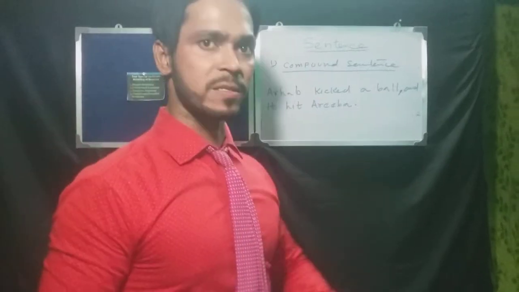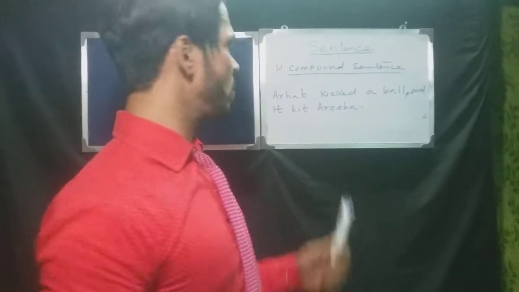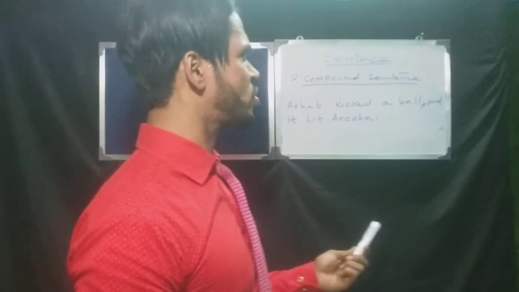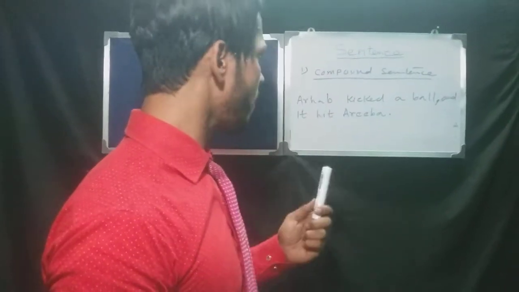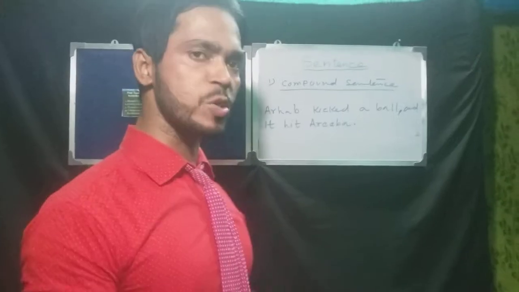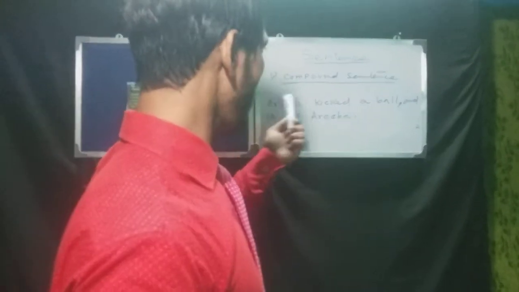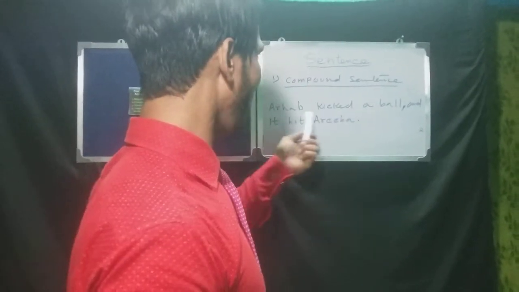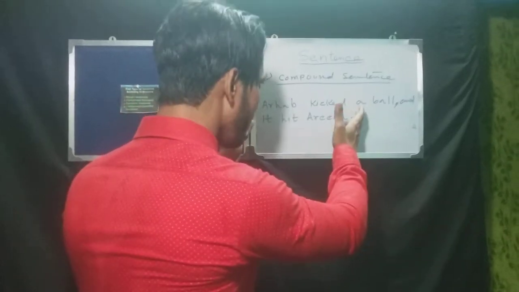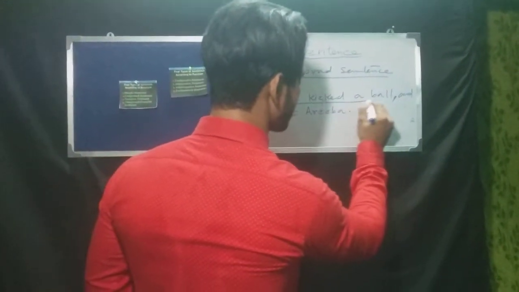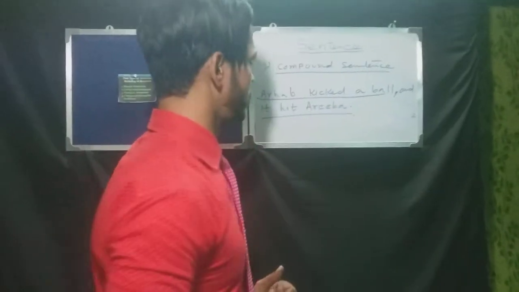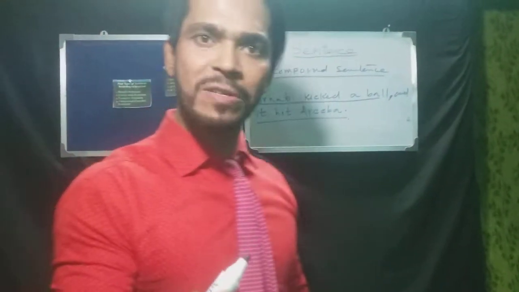This is an example of a compound sentence. Arhab kicked a ball and it hit Ariba. Now here Arhab is a name of a person. Ariba is also a name of a person. Arhab kicked a ball and it hit Ariba. It has two independent clauses, the first and second. So what is a compound sentence?